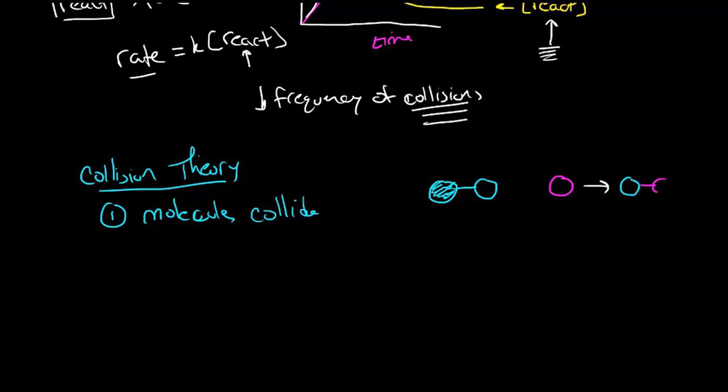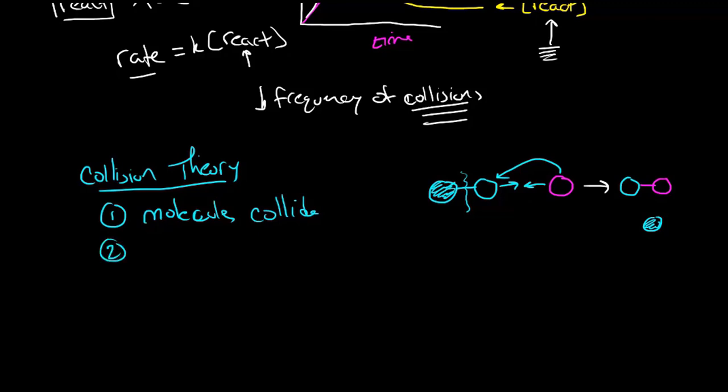So we end up with this compound and this compound. We have an interaction between this atom and this atom, and we break this bond. So for this to happen, these two molecules need to bump into each other. They need to collide. So that's one requirement of collision theory.